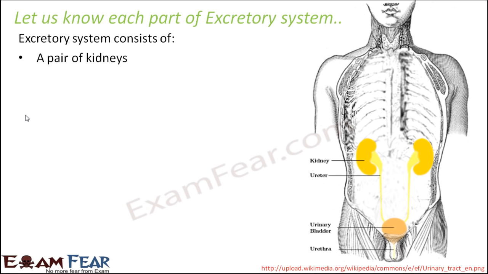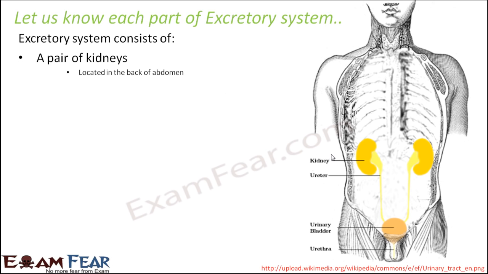As I said, the first is a pair of kidneys. Where are they located? They are located in the back of the abdomen. Kidneys are something you cannot feel from the front side, because they are closer to the back side. They are located almost between the thoracic cavity and the abdominal cavity.